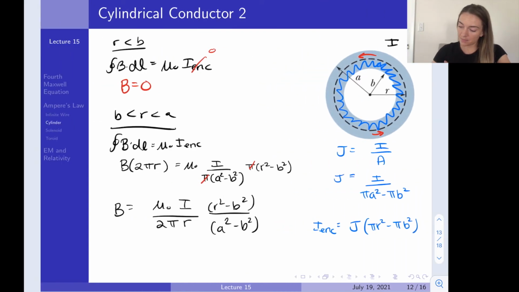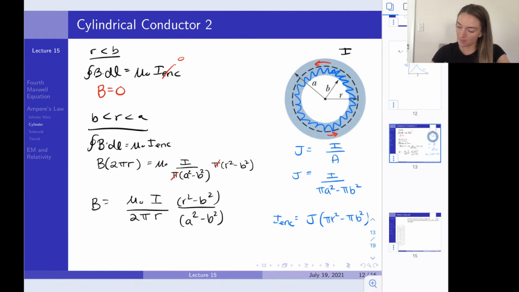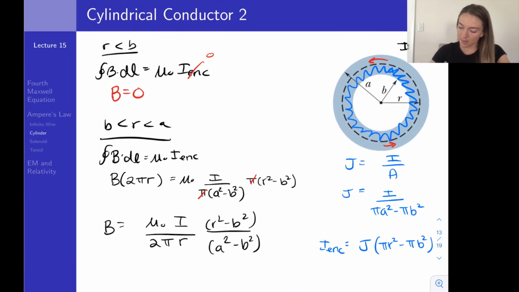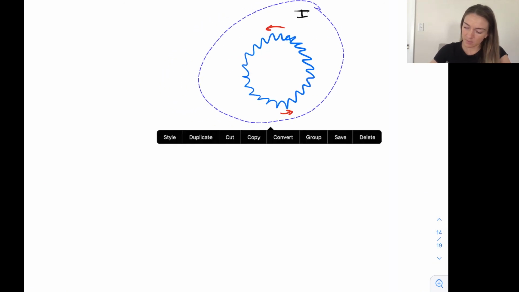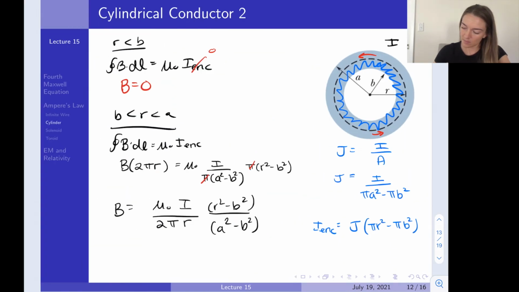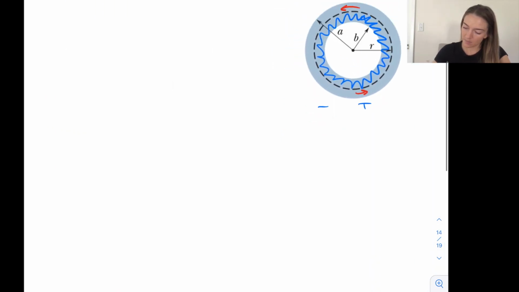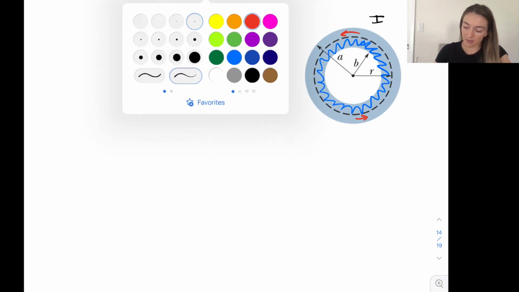Now let me just add a page and we'll do outside. So when we're outside the conductor, we know what we expect our magnetic field to look like.